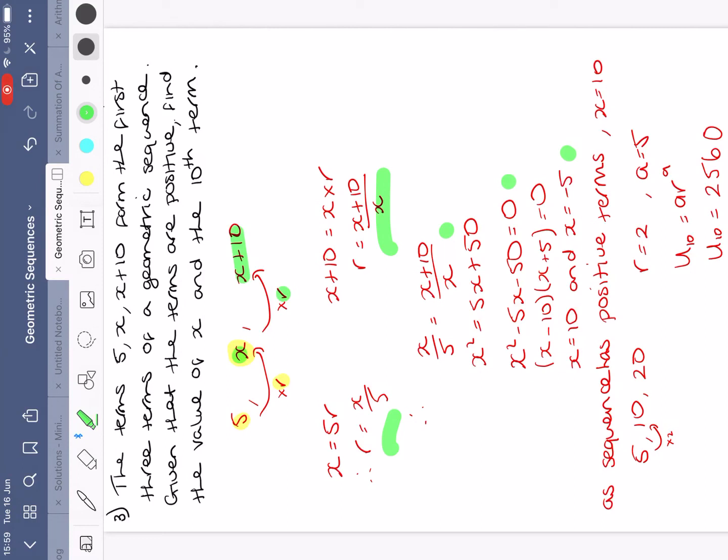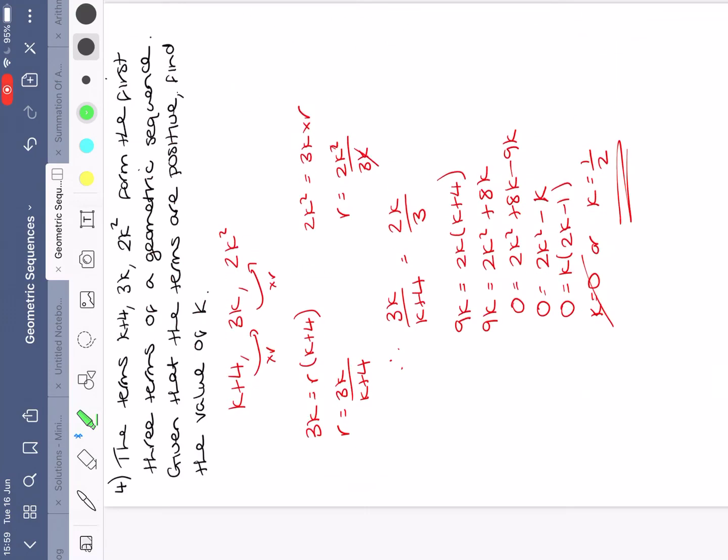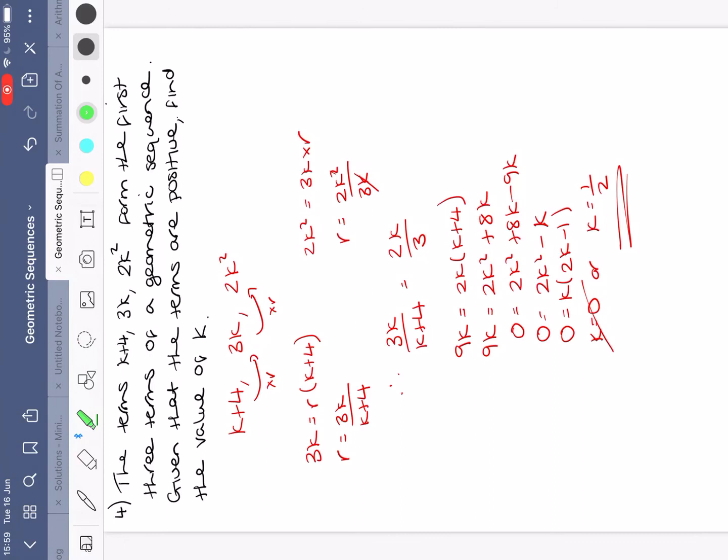It says the terms have to be positive, so you can't have x equals minus 5, so you've got to have x equals 10. Looking at that, you know your common ratio is 2. Your first term is 5, so your 10th term is going to be 2,560.